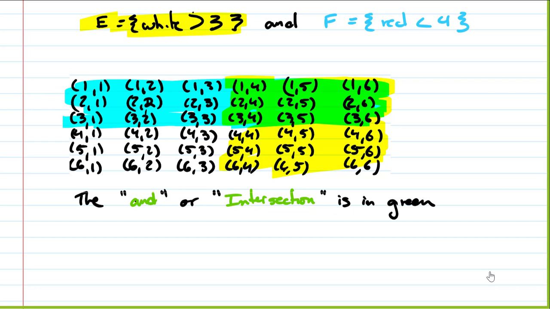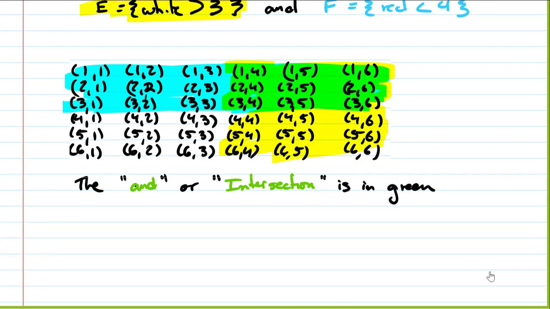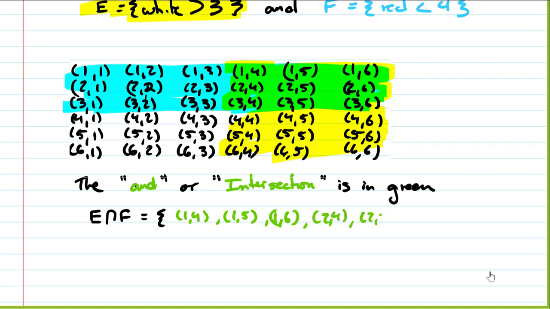So in this case, E and F would be those sets. So 1,4; 1,5; 1,6; 2,4; 2,5; and 2,6 to be explicit, and 3,4; 3,5; and 3,6.